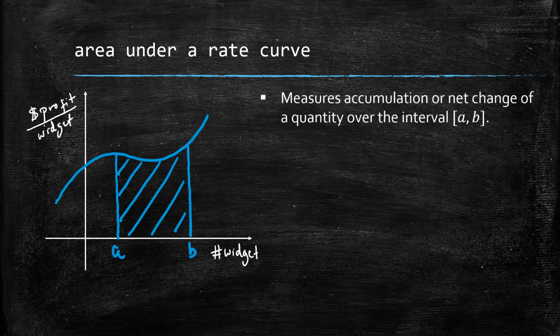And therefore, the area under that curve, that shaded area, would measure the accumulation or net change of a quantity over the interval AB. And what quantity exactly? If you think of rate as delta y over delta x, it's always going to be whatever the numerator is, the delta y unit, which is dollars in profit.